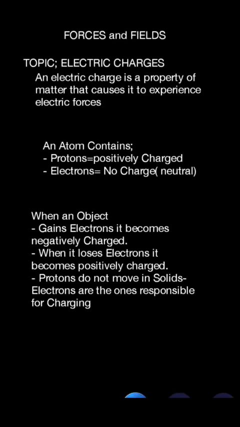Having talked of that, let's go to the kinds of electric charges. There are only two kinds of electric charges. The first one is positive charge, which is caused by loss of electrons. The object has more protons than electrons.